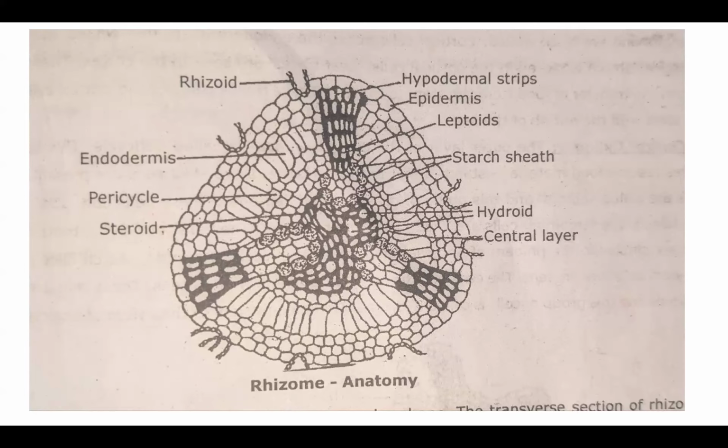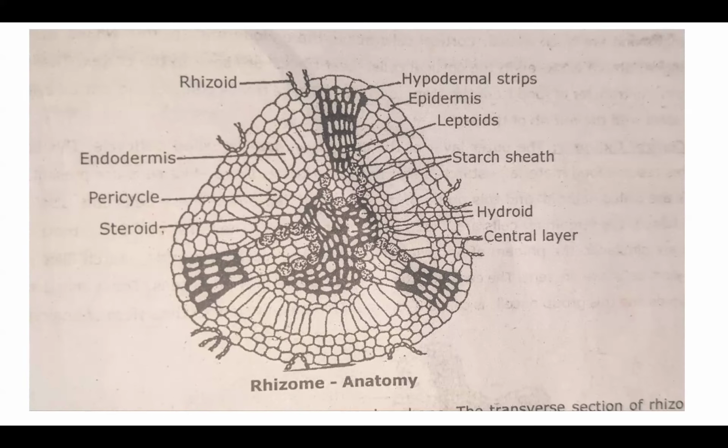In between the hypodermis, just below the epidermis, you will see the central region with cortex-like cells. These are multi-layered, and the multi-layered cortex may store food materials. Then the innermost layer of the cortex is the endodermis, a large celled, single layered endodermis with elongated cells.